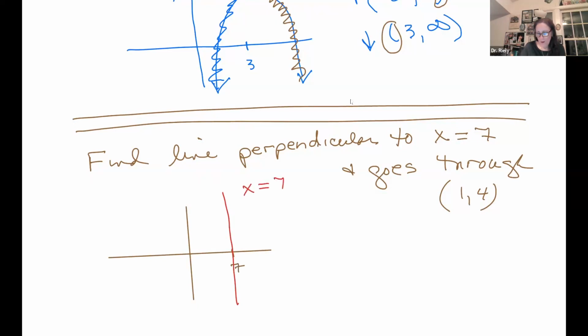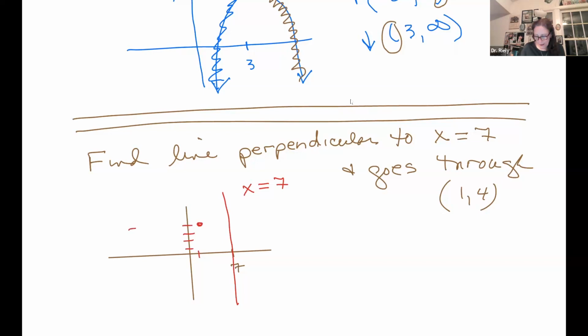So this doesn't fall into like the point slope, y equals mx plus b, or standard form. These are y equals lines and then also x equals lines. So that's a vertical line. If I want to find the line that's perpendicular to that, and it has to go through the point 1, 4, has to go through that point and be perpendicular.